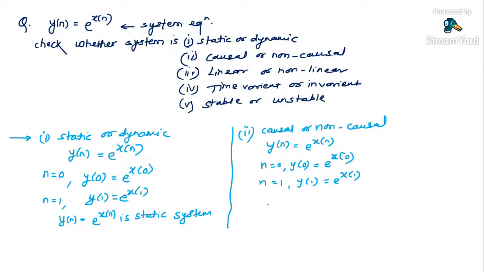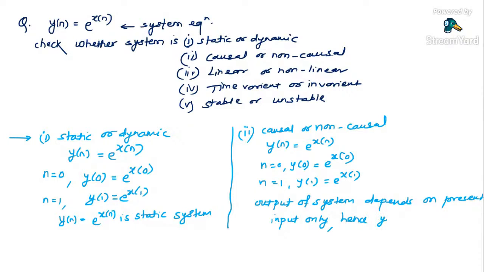From this, what we have concluded is that the output depends on present input only. So in this case, the output of the system depends on present input only. Hence y of n is equal to e raised to x of n is a causal system.